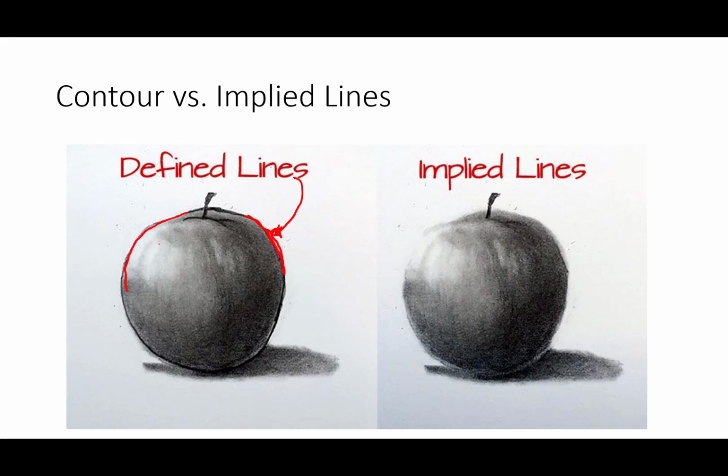It's clearly an actual defined line. Implied lines, if you look, there's no line. So what's making it look like there's a line? It's the shading, right, coloring and shading going right around that then creates this implied edge or line.